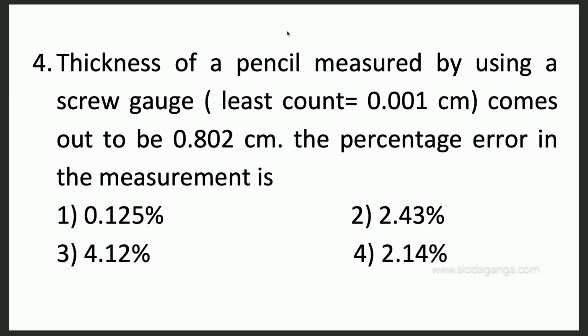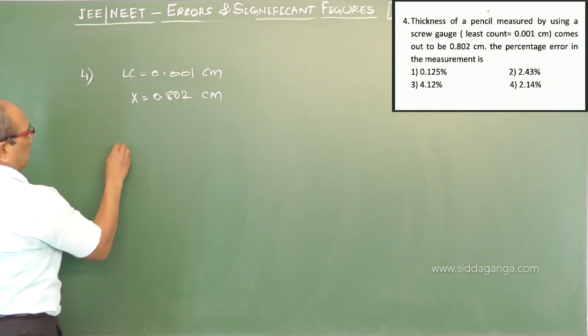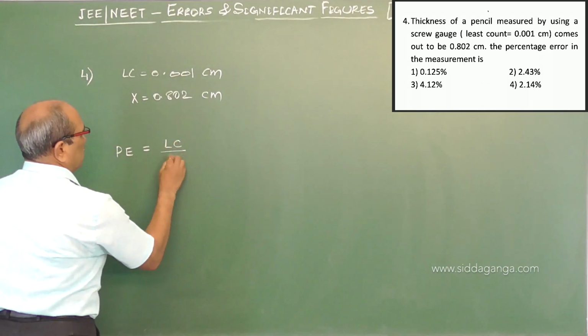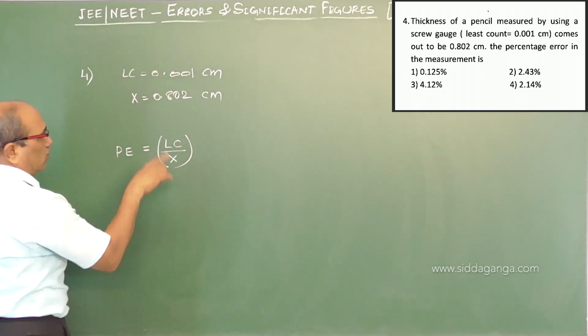Thickness of a pencil measured by using a screw gauge having a least count 0.001 centimeter comes to be a measured value of 0.802 centimeter. The percentage error in the measurement is, so percentage error is the least count by measured value, one formula given to you.